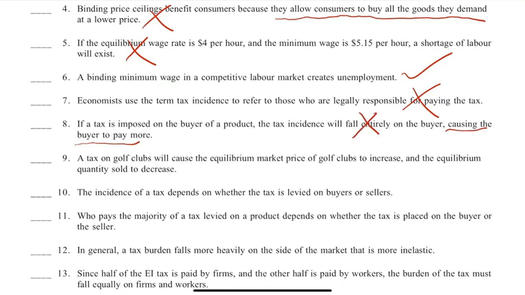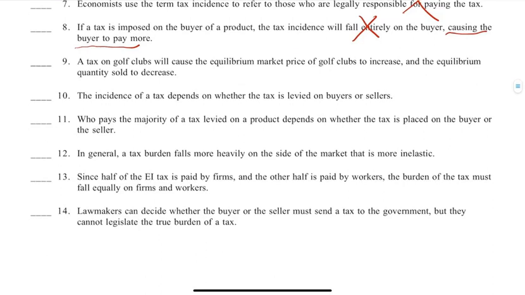Even if you impose the ice cream tax on buyers, in the end, the tax burden will still be shared by buyers and sellers. Okay, ninth. A tax on golf clubs will cause the equilibrium market price of golf clubs to increase and equilibrium quantity sold to decrease.